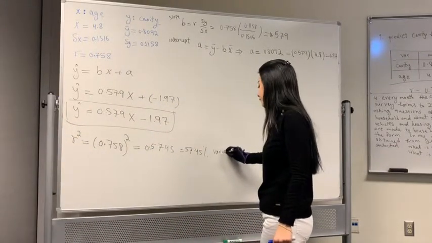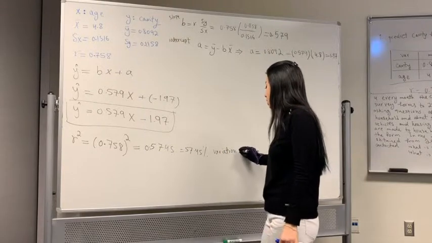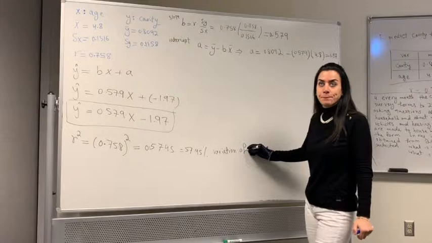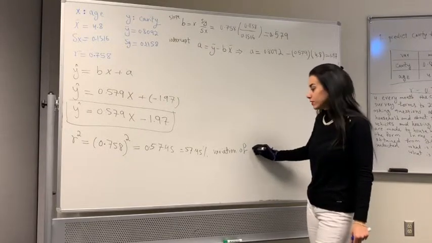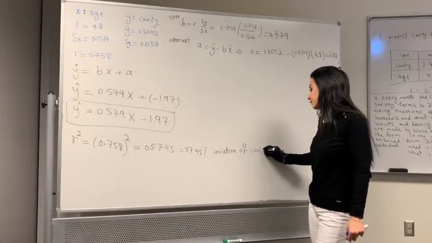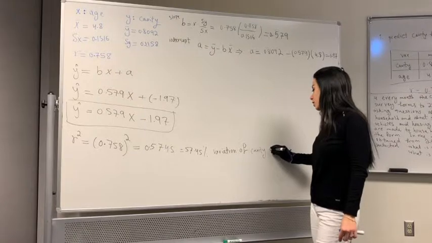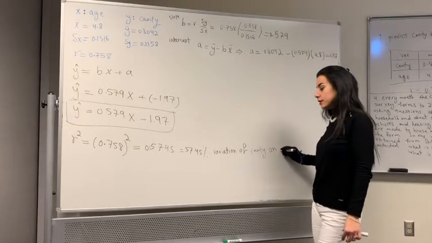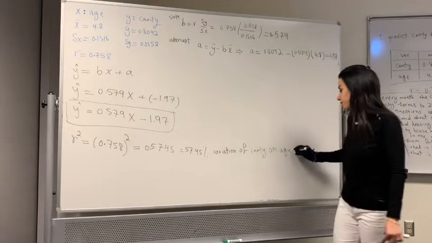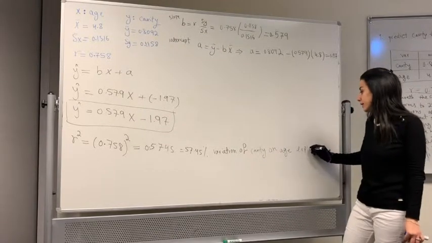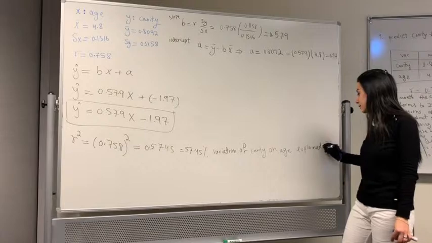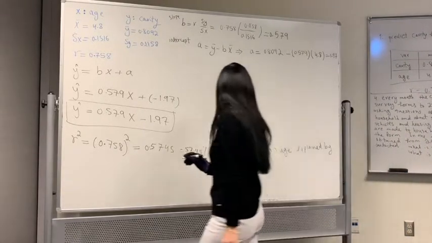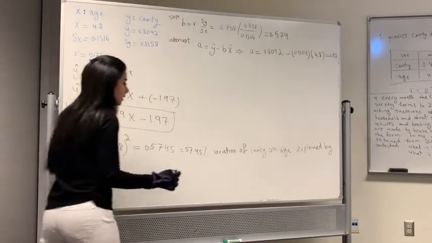57.45% of the variation of the response variable, which is cavity, on the other variable, which is age, is explained by the least square regression line.